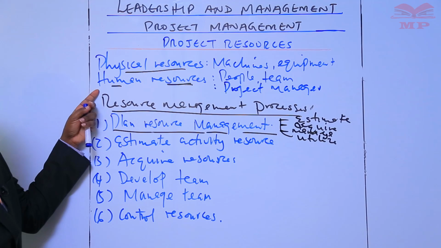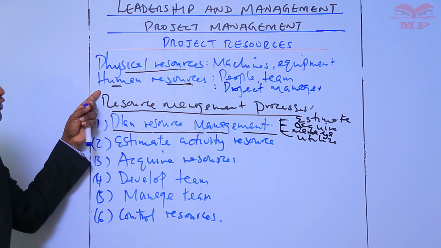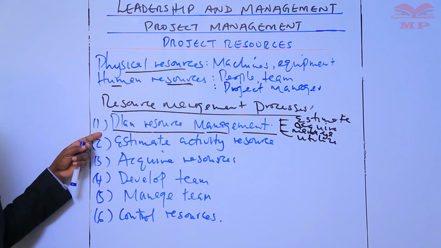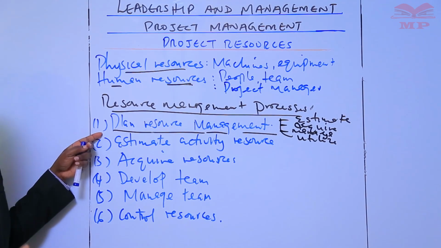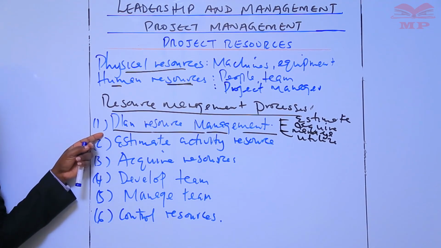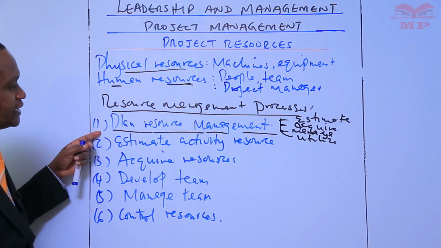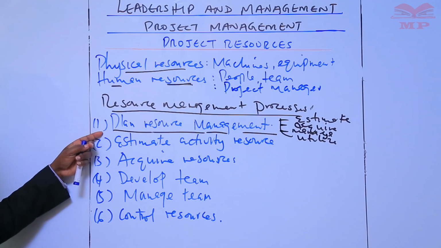And the key benefit of this process, candidates, is that it establishes the approach and the level of management effort that is needed for managing project resources based on the type and complexity of the project.